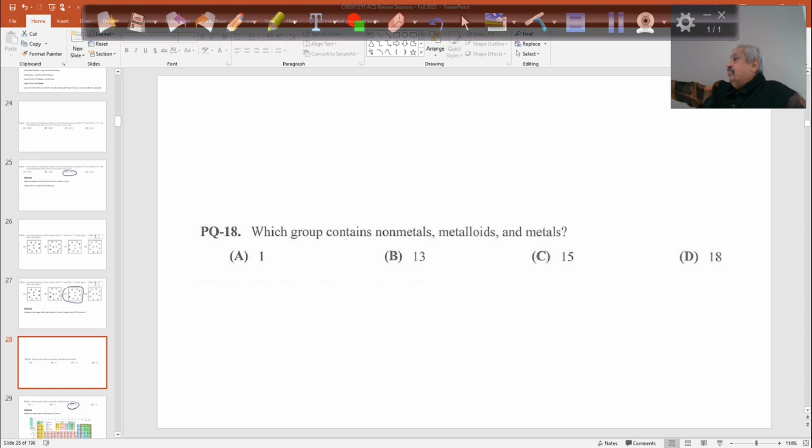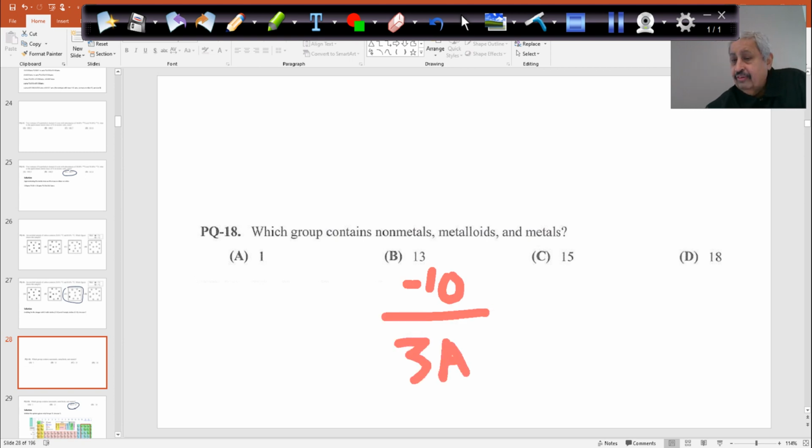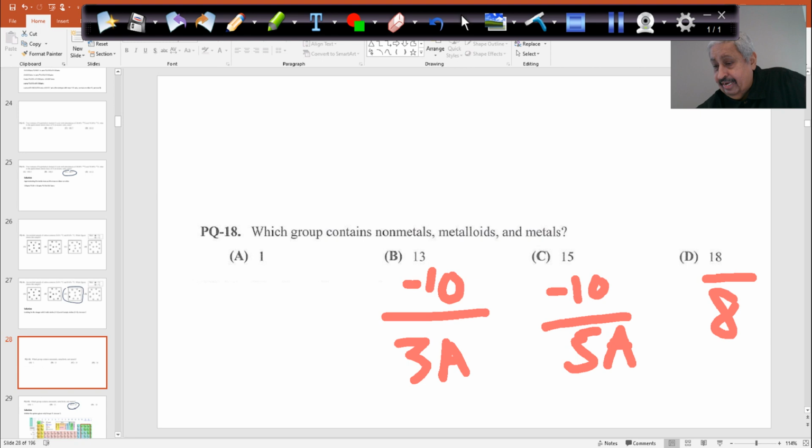And number those characteristics, that's the modern periodic table numbering, correct? Minus 10, you'll get the idea. So you go from 13, minus 10, this is 3A. 15 minus 10, that's 5A. 18 minus 10, this is 8A.